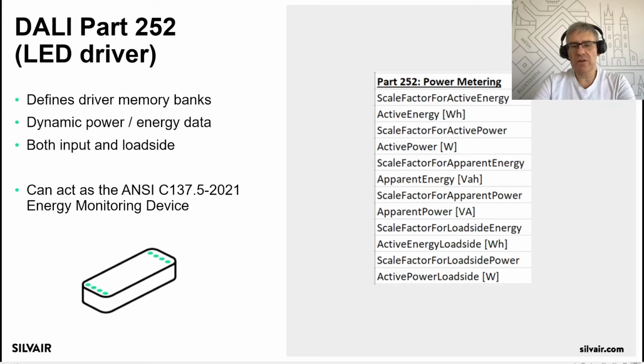We also have here instantaneous values like active power, apparent energy, apparent power, and the same for the load side of the driver. So you can read in real time how many watts a given luminaire is consuming at a given point in time.